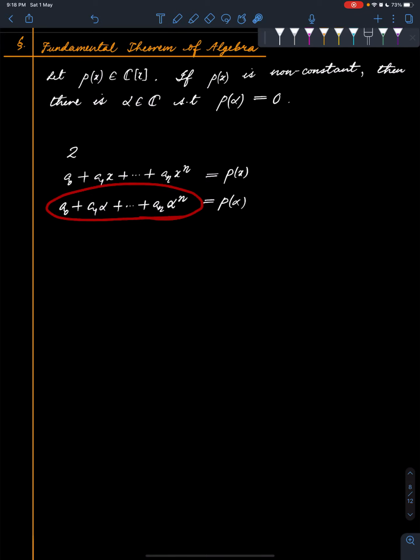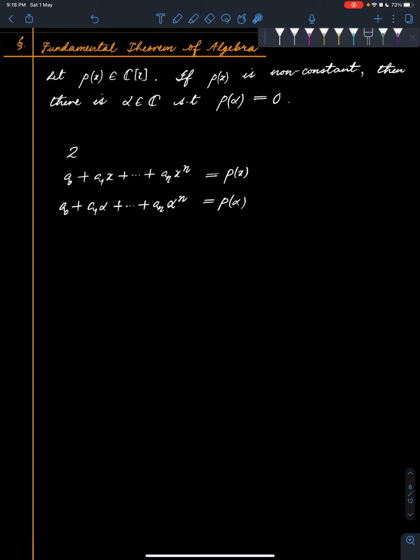This is a complex number because all of these are complex numbers, we multiplied them and added them. So this is the evaluation of P at alpha. I'm sure we are familiar with this kind of thing. So clearly this kind of polynomial cannot have an alpha which satisfies this equation, because no matter what alpha you feed into this polynomial, you retain the same answer.